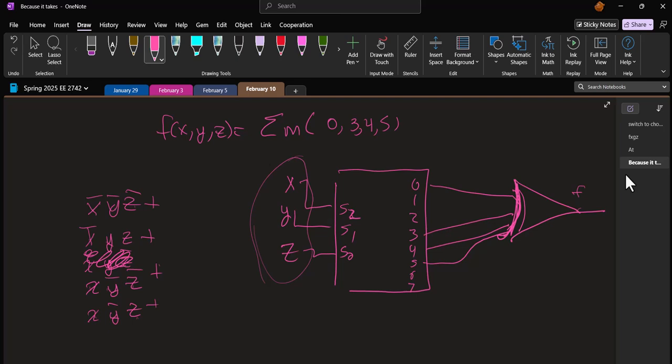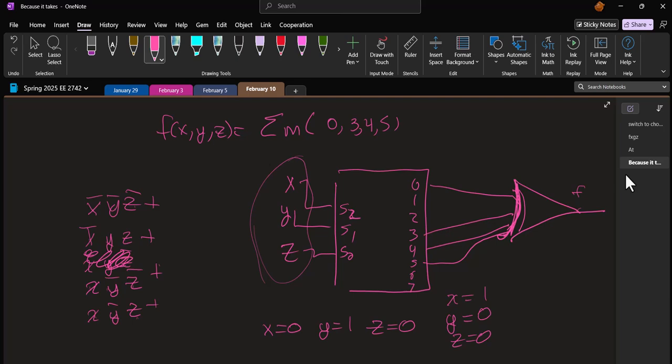So if you just think about it for a minute, if my x equaled 0, y equaled 1, and z equaled 0, what binary number is that? That is 2. Is 2 in my minterm list? No. And so if 2 comes in here, do I get a 1 output? No. Okay, but let's say x equals 1, y equals 0, and z equals 0.